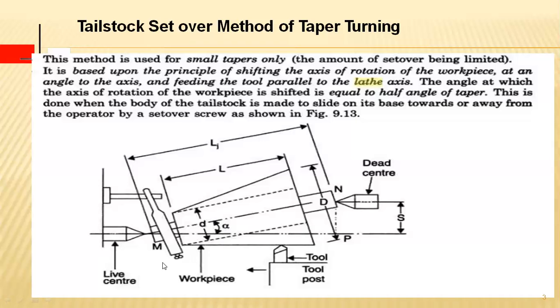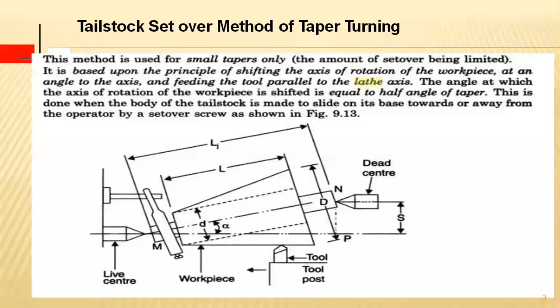Indeed, this is to have the taper machining process over the lathe machine. So the tailstock is altered to have a particular inclination for the machining condition to be maintained, and it is clearly fixed that the headstock is constant in its position. There is no change on the lathe machine regarding the headstock, and the tool post and tool holder are also constant with respect to the working environment.